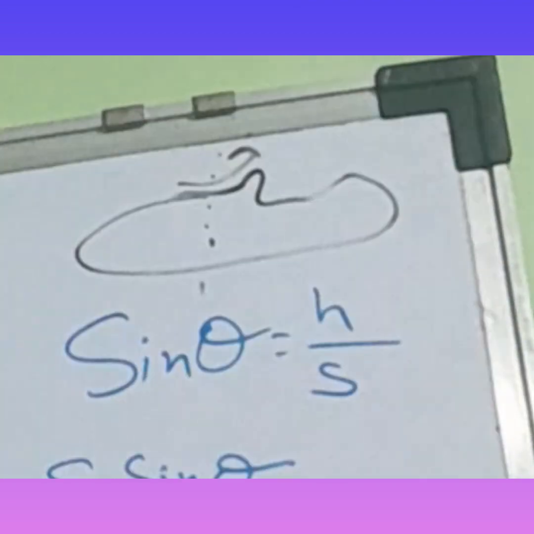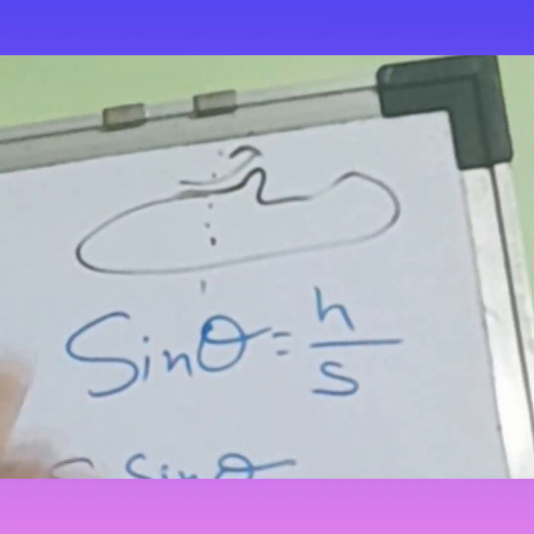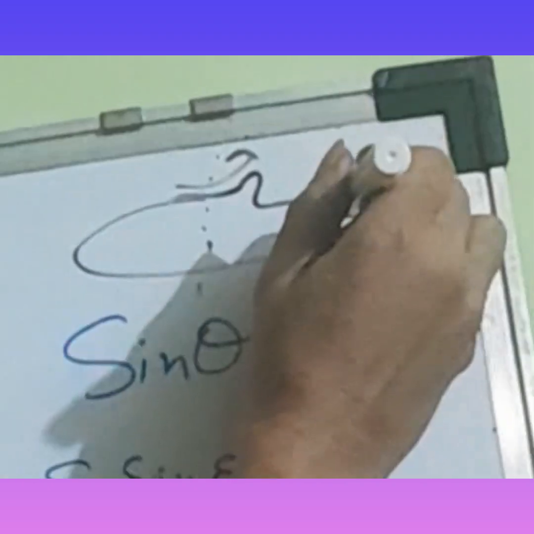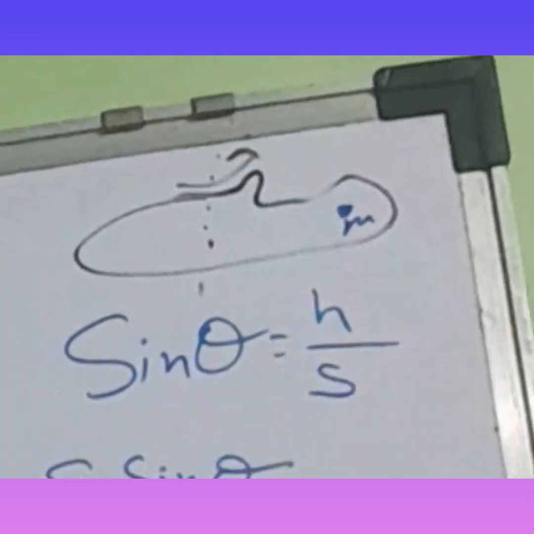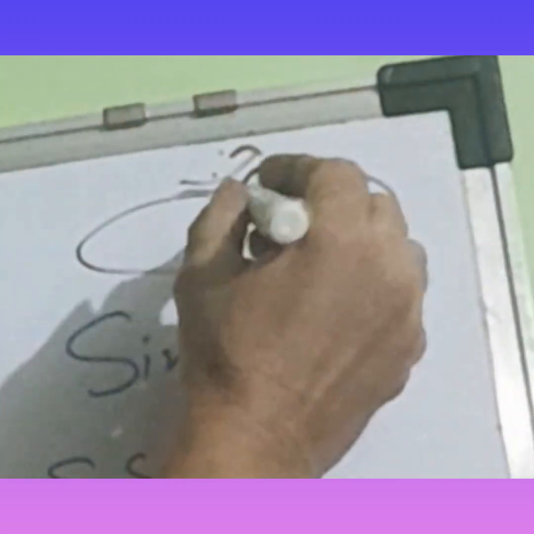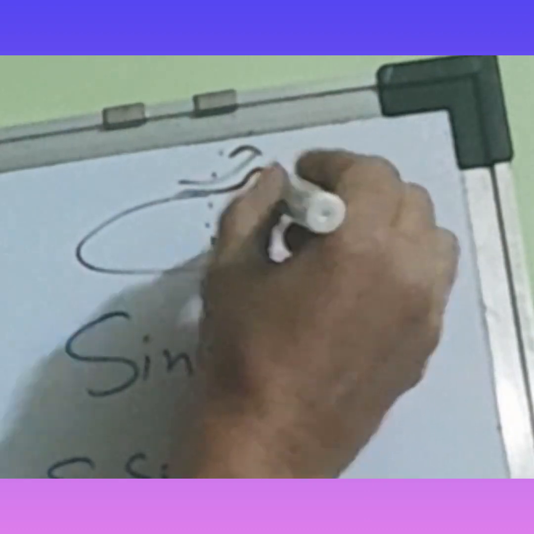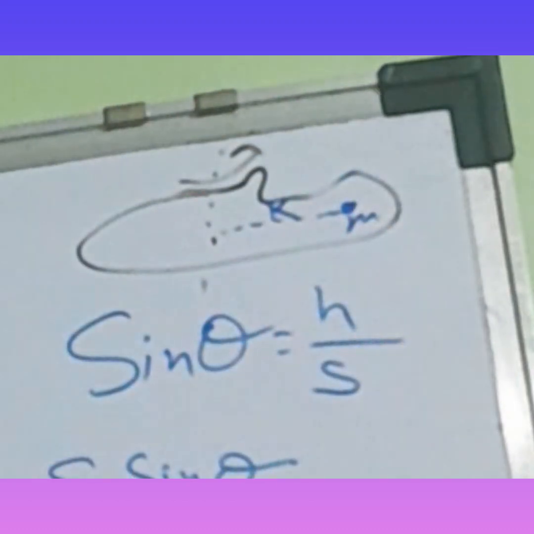It's rotating. The body is not a regular body, it's an irregular body. So we assume that probably at this distance the mass is concentrated. Since it's rotating, this becomes the k, the radius of gyration.